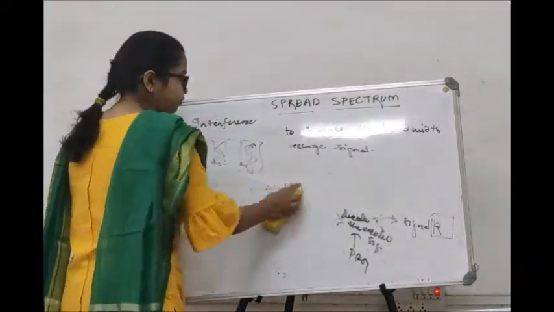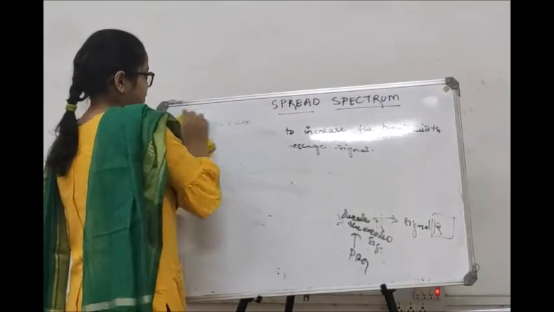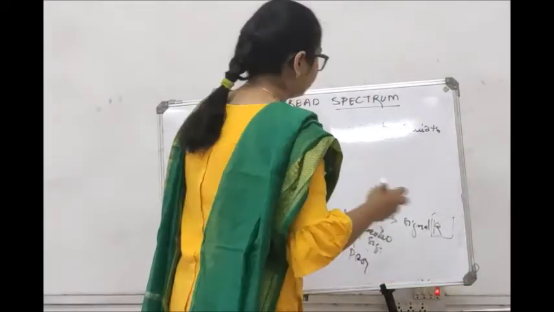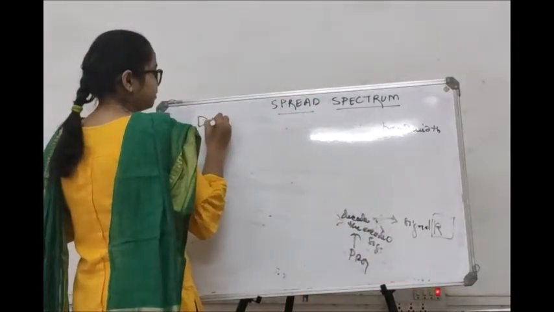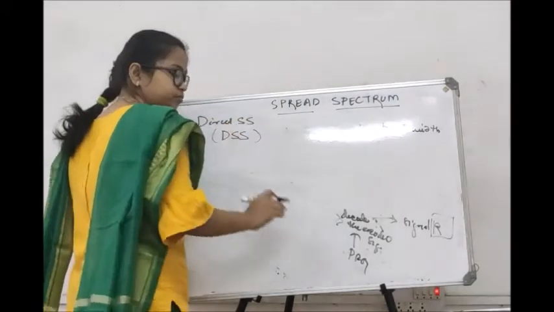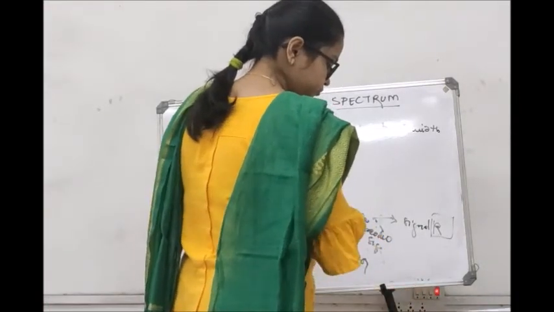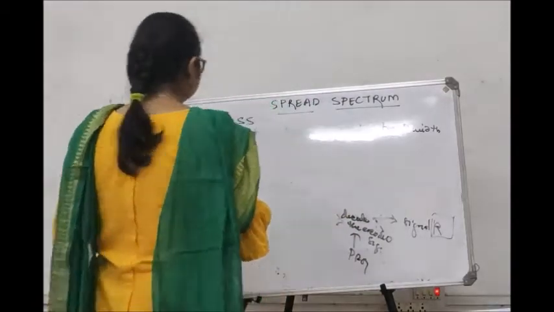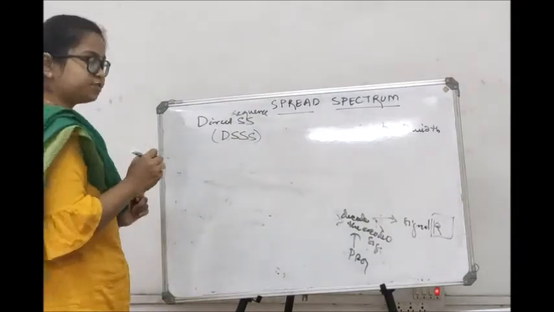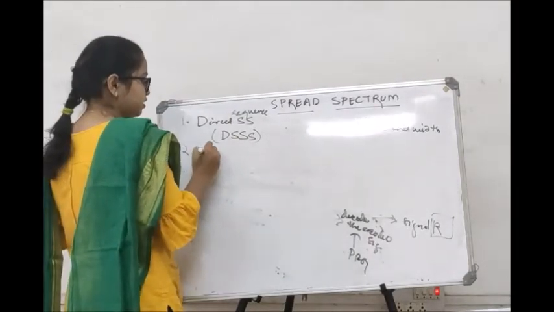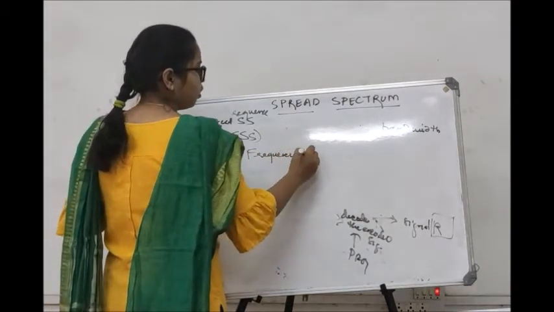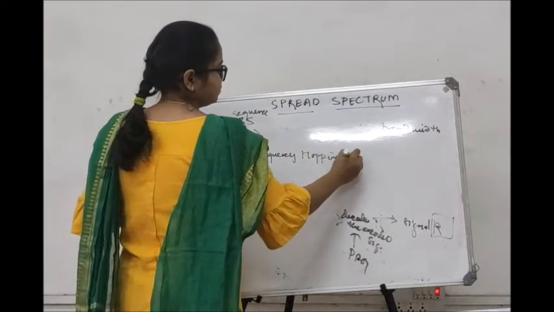Now spread spectrum is of two types essentially. We can classify spread spectrum into two types. One is direct sequence spread spectrum, DSSS. The second one is FHSS, frequency hopping spread spectrum.